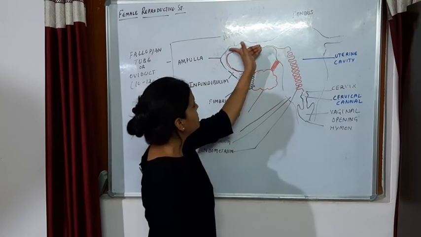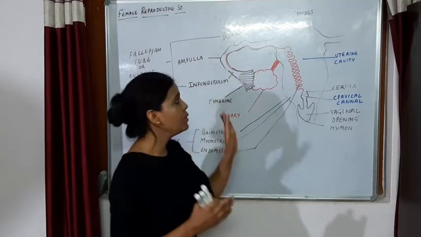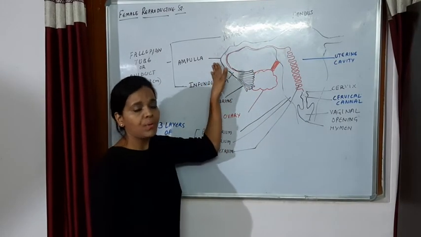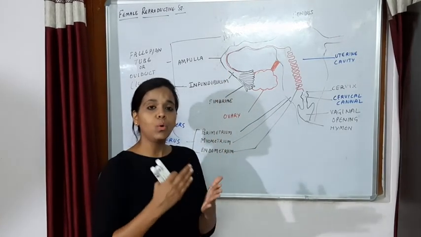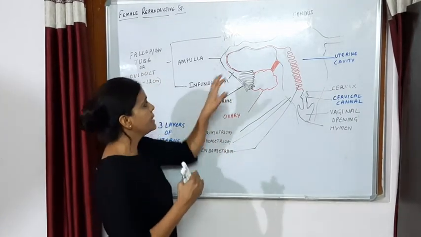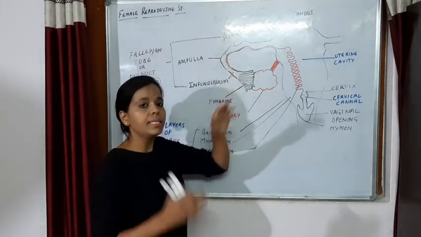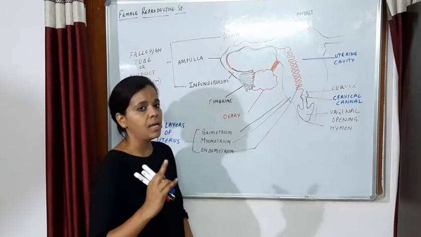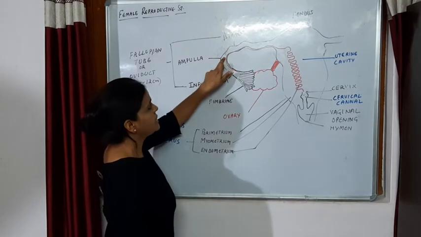There is an ampullary junction where the sperm and the ovum may fuse, and at this point the fertilization will take place.